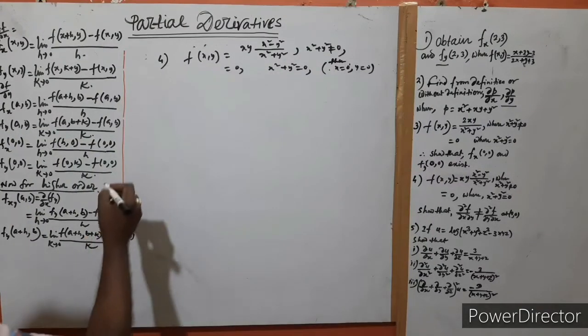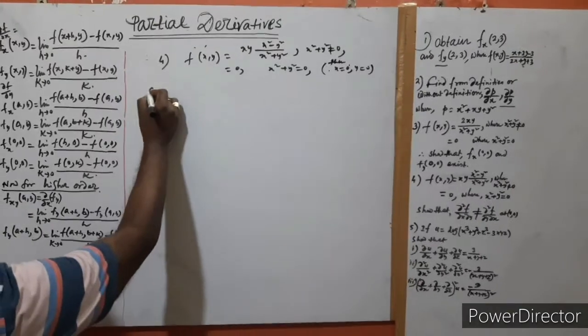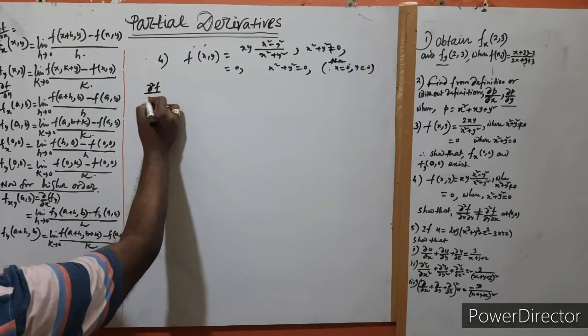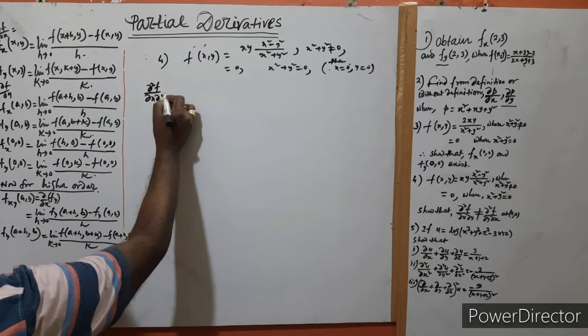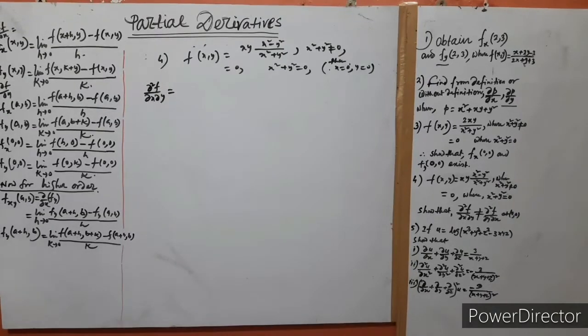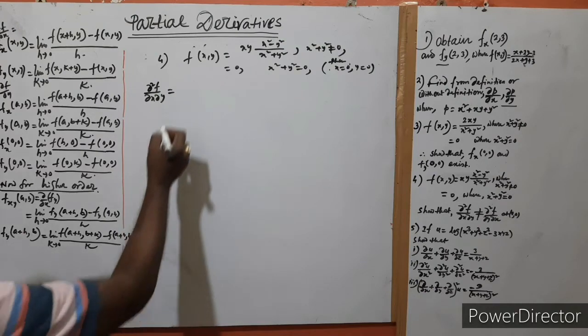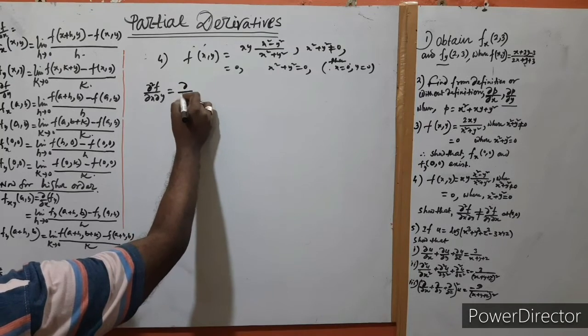Now we have to find the second order derivative ∂²f/∂x∂y. This is the notation of the second order, differentiating with respect to y first, then after that with respect to x.